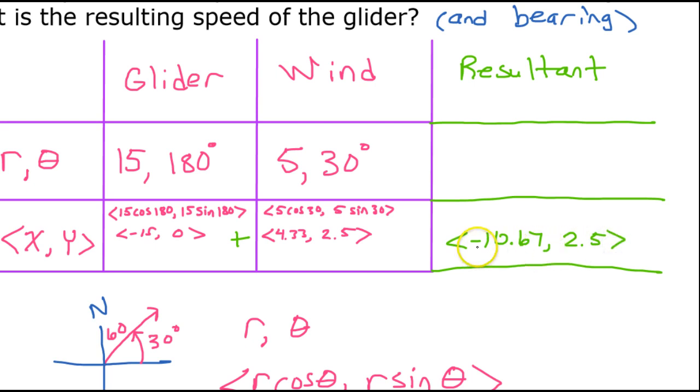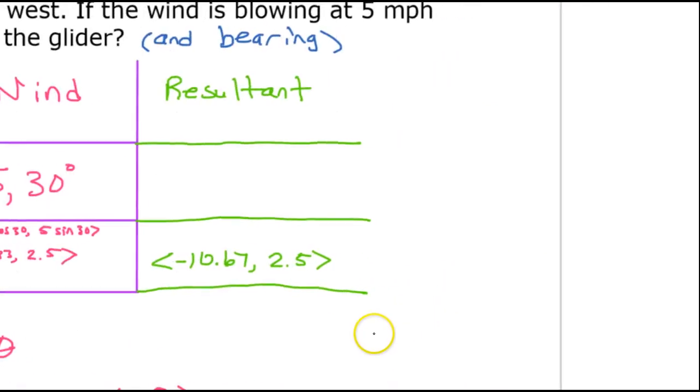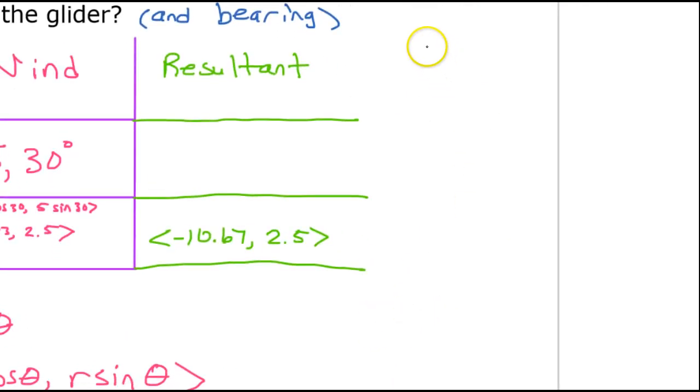Okay, so we put them into component form so we could add easily like we just did. So now we have the resultant vector in component form. All we have to do now is turn it back into a magnitude and a direction. So look, we know how to calculate the magnitude. Let's do that here.